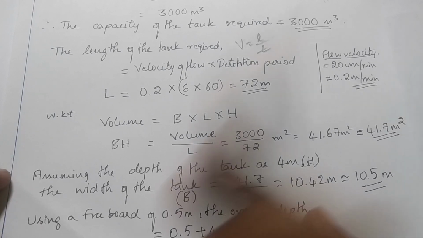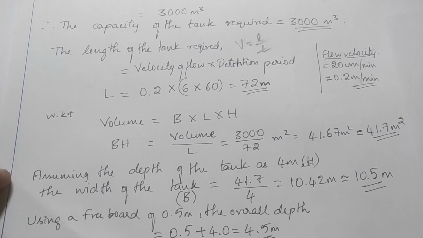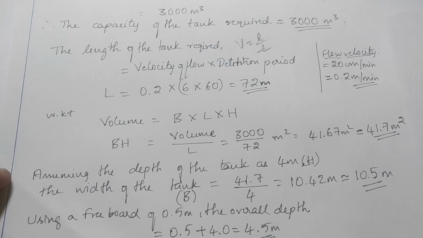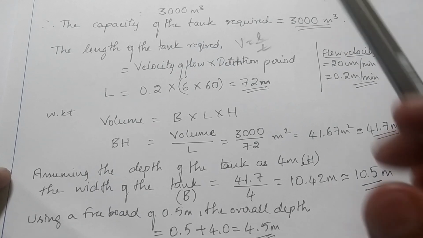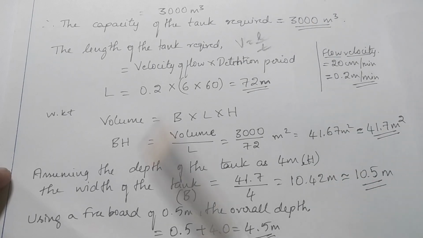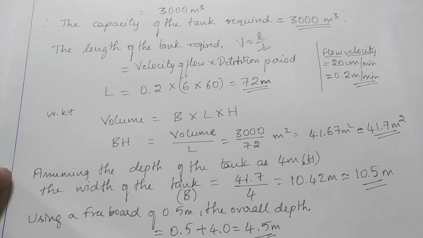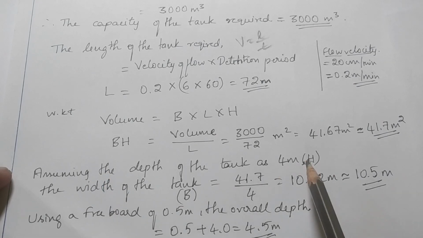As discussed in the previous video, I have mentioned some design considerations to be taken into account in order to design plain sedimentation, including the depth considerations. Here, in order to give some fitting arrangements and mechanical sludge removal mechanisms, let us take higher values, assuming the depth of the tank as 4 meter.